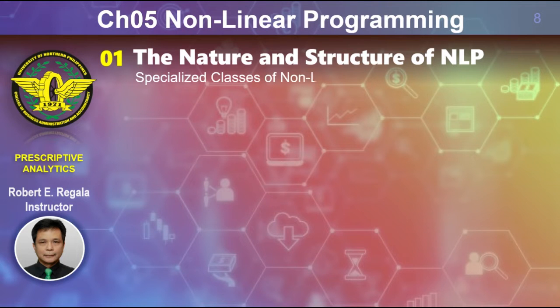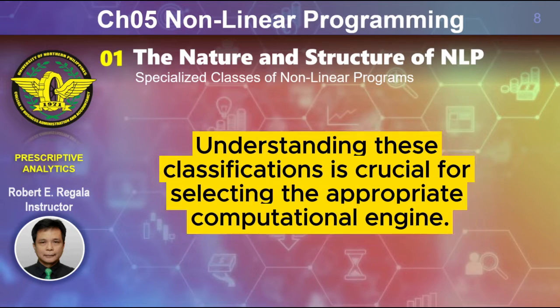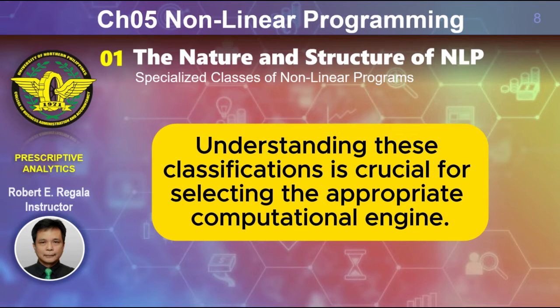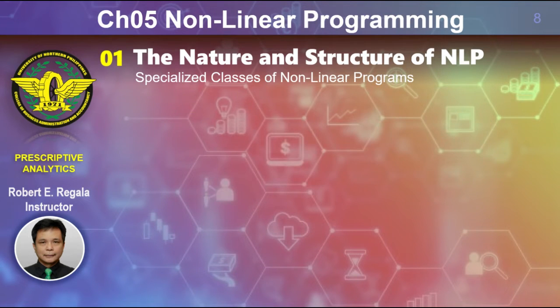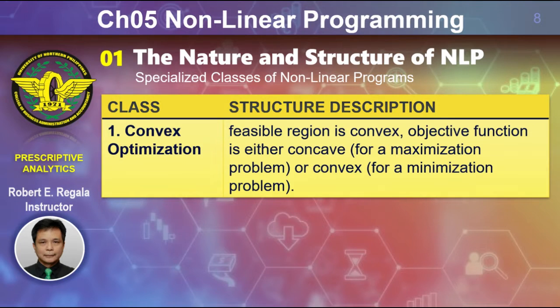Specialized classes of nonlinear programs. Certain subclasses of NLP problems possess specialized mathematical structure, enabling the use of more efficient and reliable solution methods. Understanding these classifications is crucial for selecting the appropriate computational engine. 1. Convex optimization.